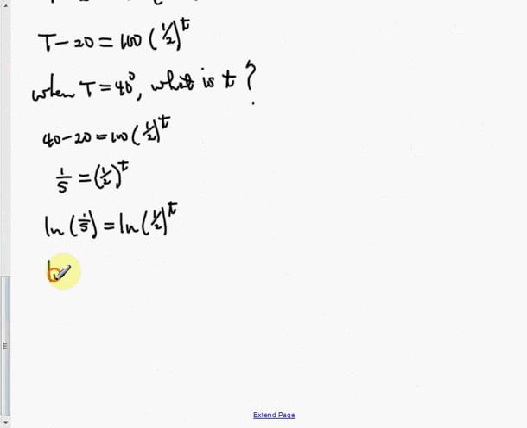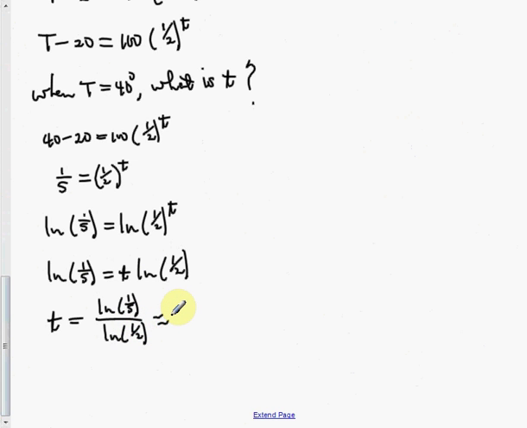So this is the natural log of 1/5 is equal to t times the natural log of 1/2. And so when the temperature is 40 degrees, t is equal to the natural log of 1/5 all over the natural log of 1/2. Now you can just compute that on a regular calculator.